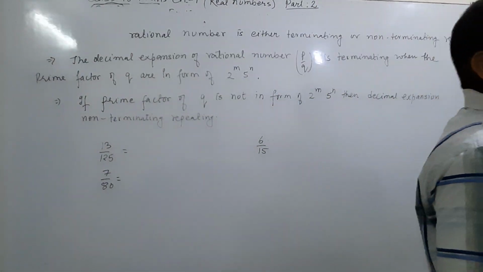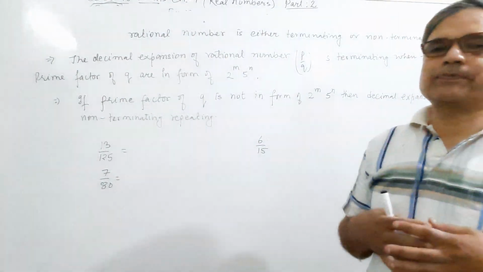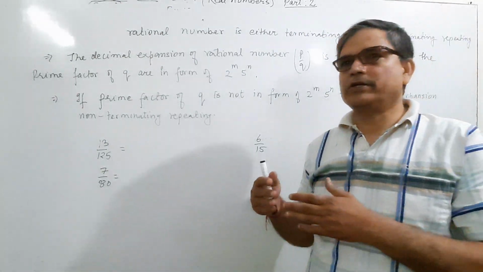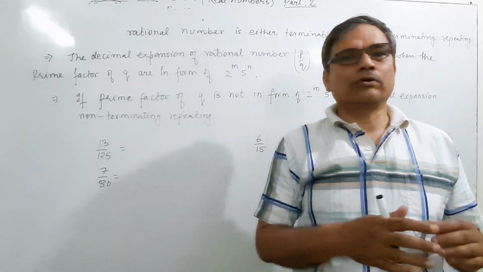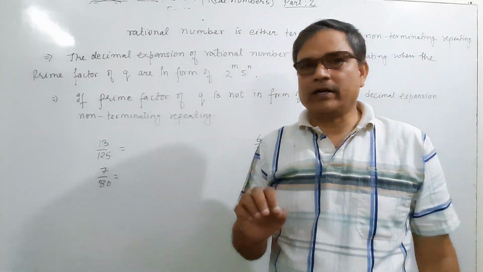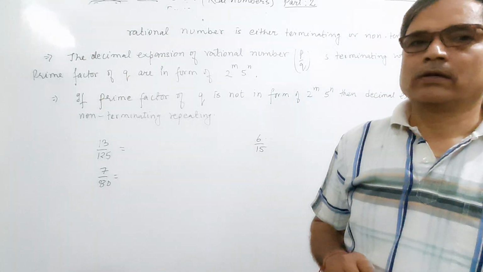Now we know very well the rational number which can be expressed in P by Q form, where P and Q both are integers but Q is not equal to 0. The decimal expansion of a rational number is either terminating or non-terminating repeating decimal.